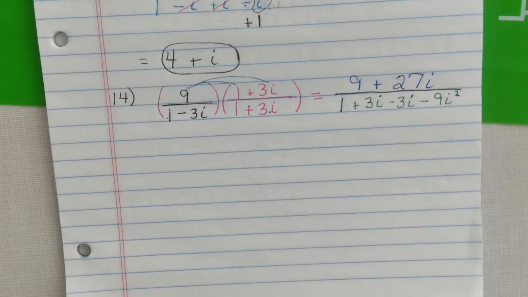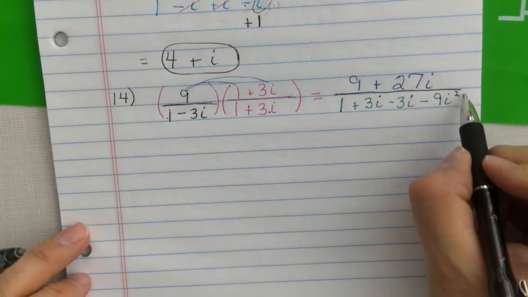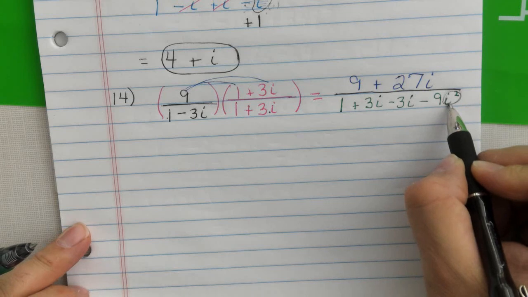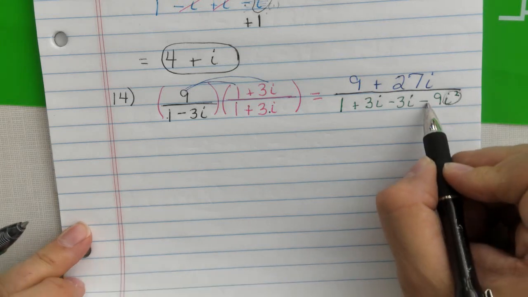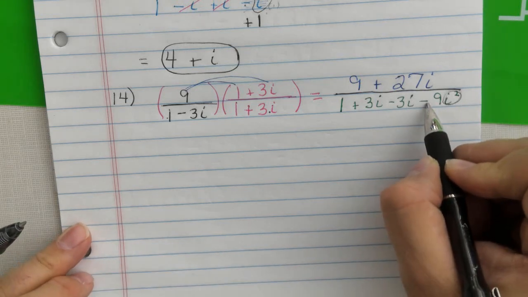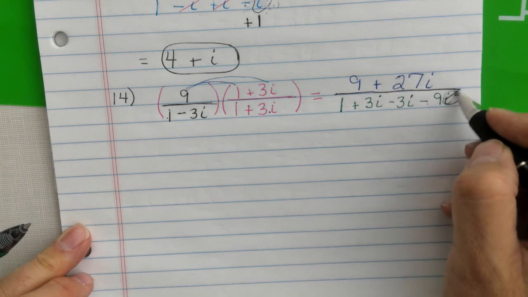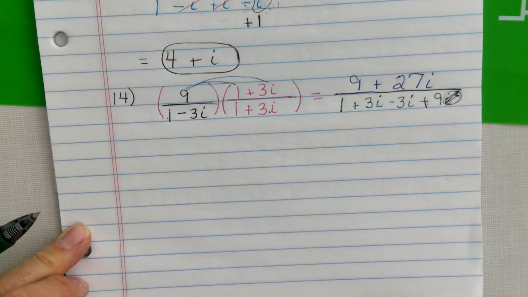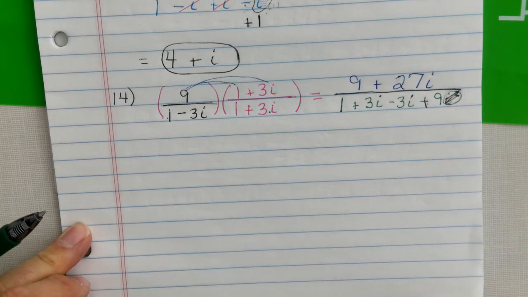Which, if I think of i squared as negative 1, all that's doing is changing this negative 9 to a plus 9. Okay? So if you just want to mark that out and put a plus, that's fine. i squared is negative 1.